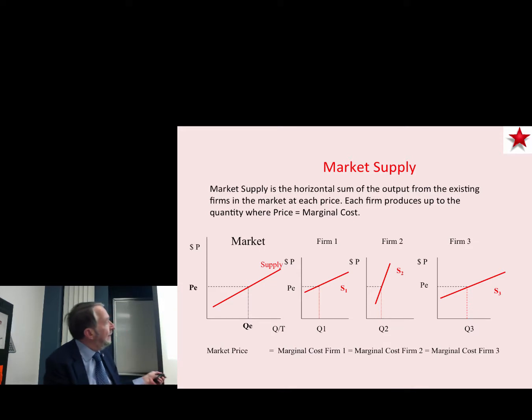This guy looks like he's the most efficient guy, and this guy looks like he's not as efficient. So suppose I told this guy to cut back production by 1 unit. Well, then he'd be giving up this much cost, because that's what it's now costing him to produce the unit.